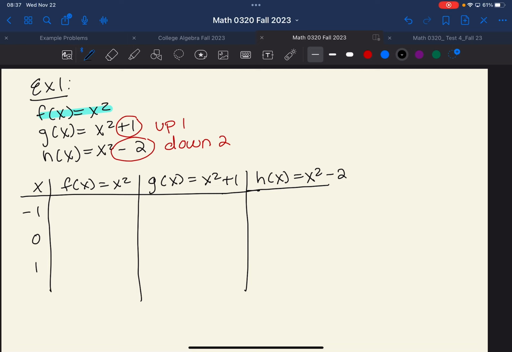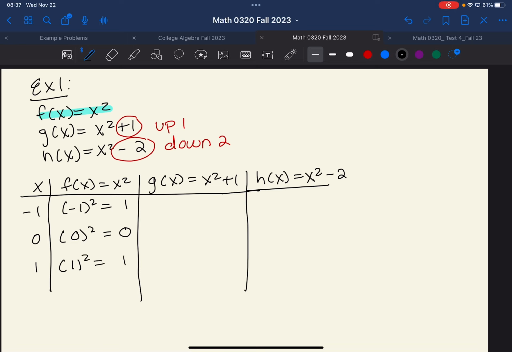Okay. So plugging in -1, we have -1 squared, which is 1. Plugging in 0, 0 squared, which is 0. And then 1 squared, which is 1. And we're doing that for every single one.